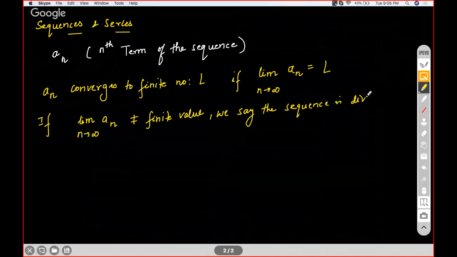I'll give you some examples to make this clear. Again, I'm repeating, convergence and divergence is not a part of the AP syllabus, but it is a kind of prerequisite for you to understand other concepts.